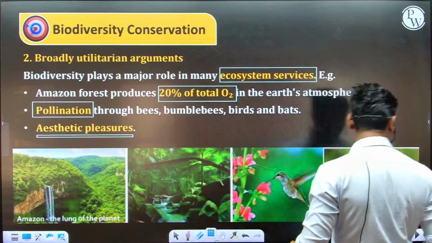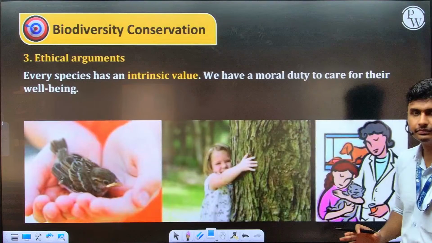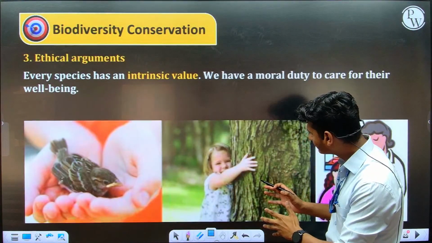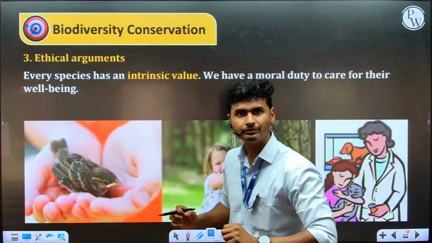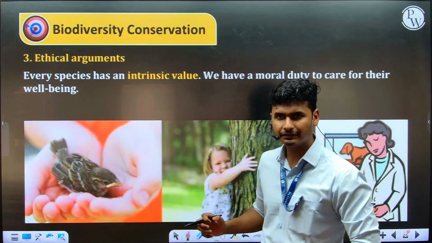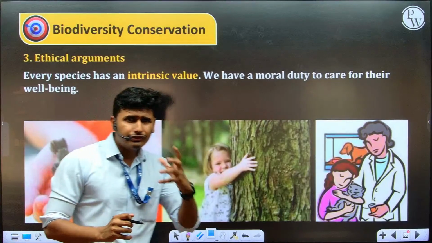But lastly, look at this child. This small girl tried to protect this plant by hugging it, because someone is trying to cut this plant. Is she thinking about the food?